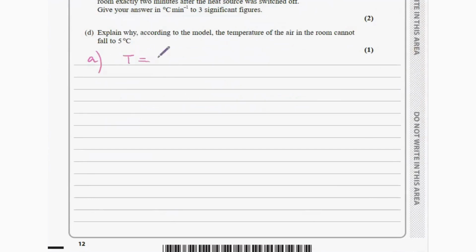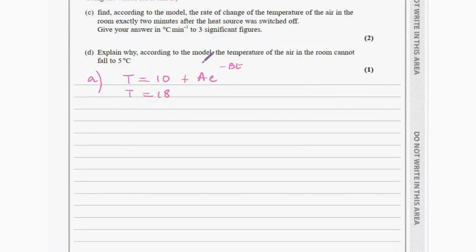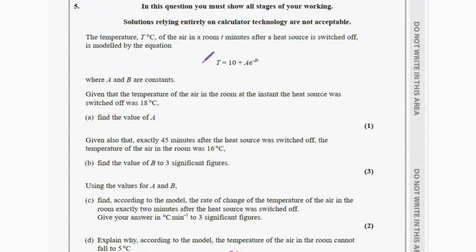T equals 10 plus A times e to the power of negative B times t. Capital T is given as 18 because that is the temperature once the heat source was switched off. And what we know is that small t, which is the minutes, is going to be 0.